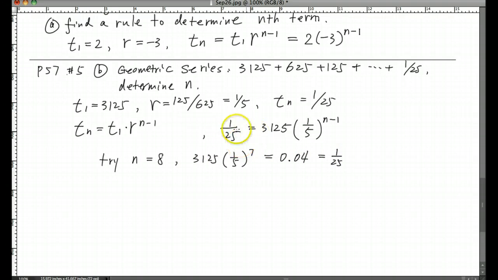Here you go. So n equals 8 is the solution. So n equals 8 is the answer. Right? Okay.